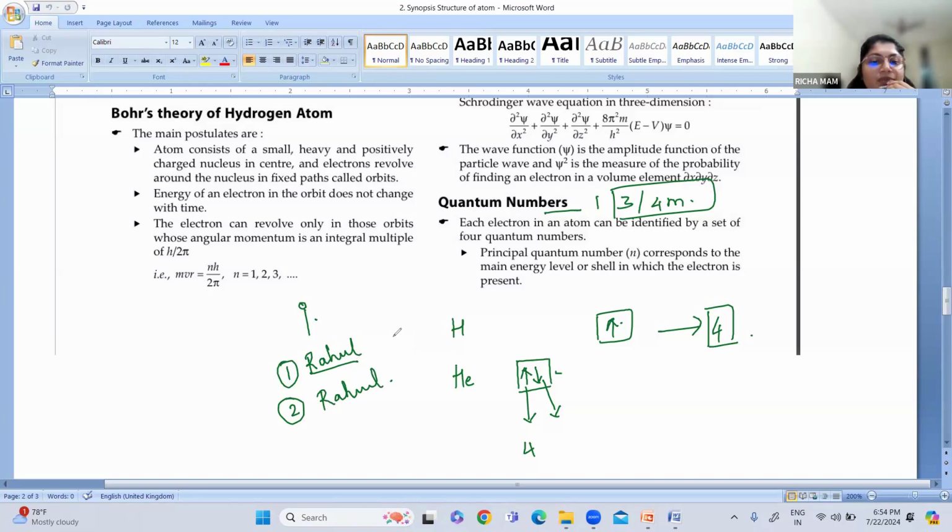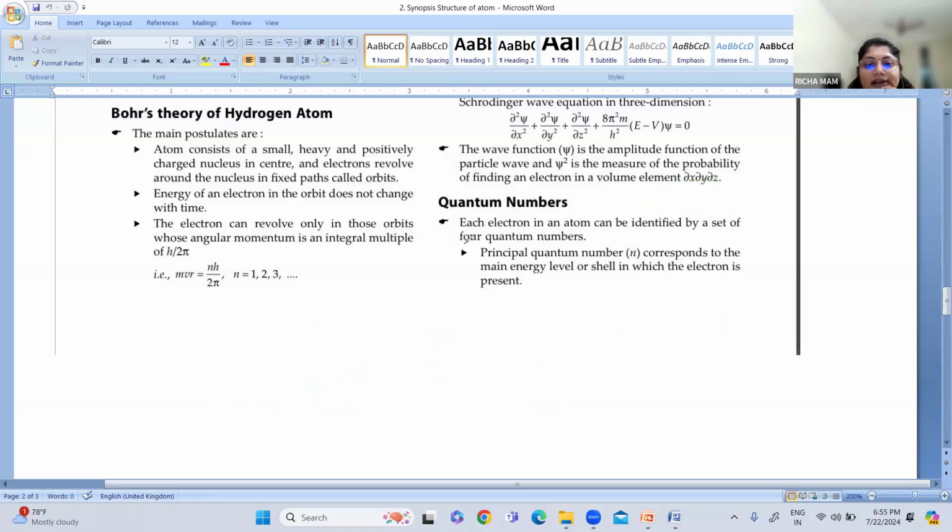Suppose his surname is Sharma, and another's is different. So each electron in an atom is identified by four quantum numbers. Similarly, each student is different, so like that, electrons in an atom are identified by four different quantum numbers.